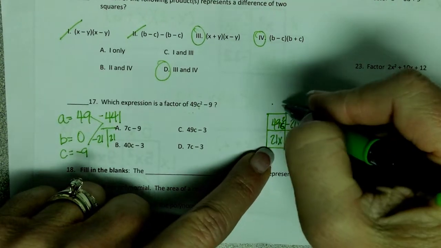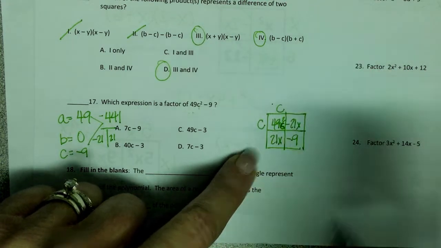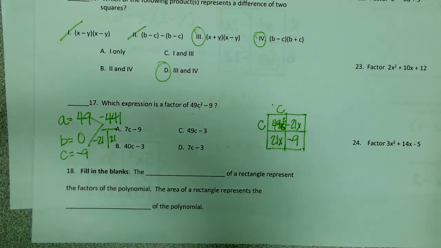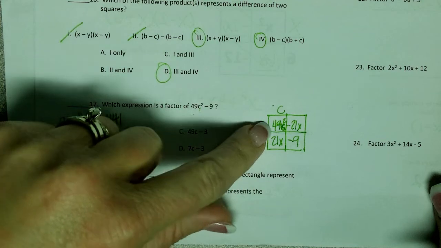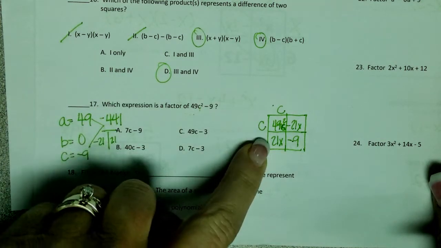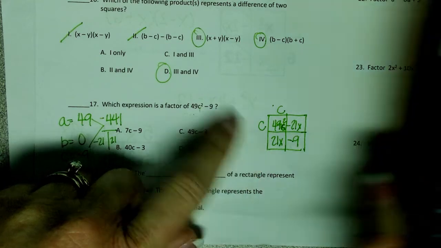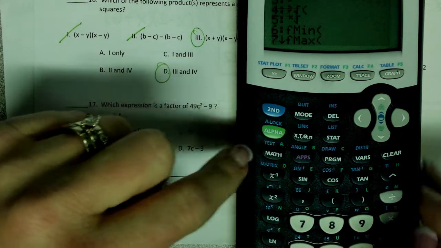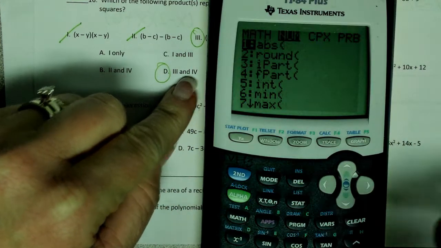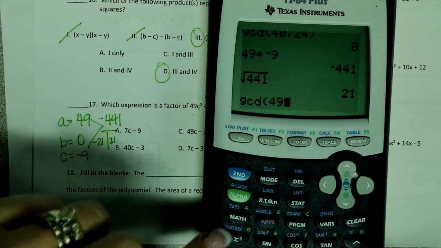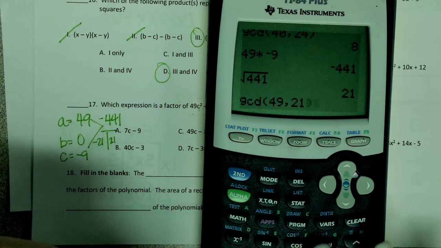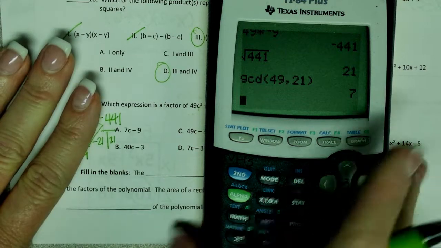So we know that a C and a C are going to be outside that top left box. Now I just need to know, what's the GCF for 49 and 21? If I don't know, I can go math over to number, hit 9 and do 49, comma, 21, and we would get 7.